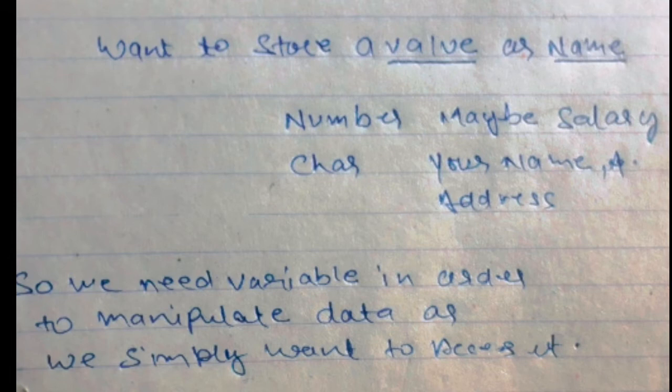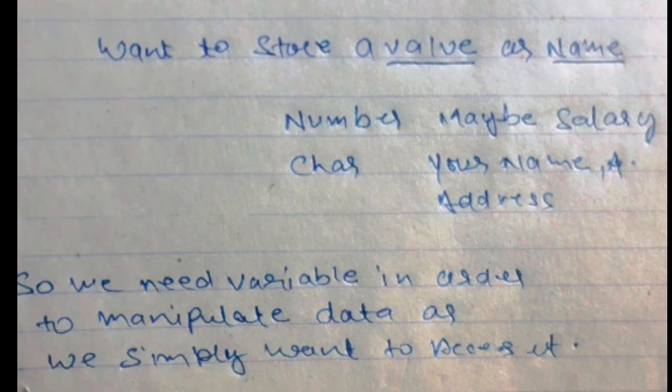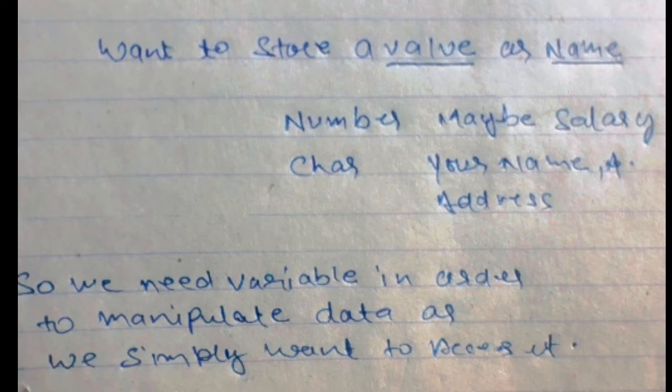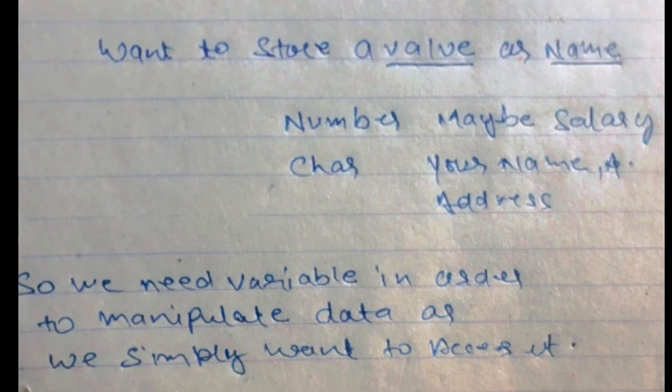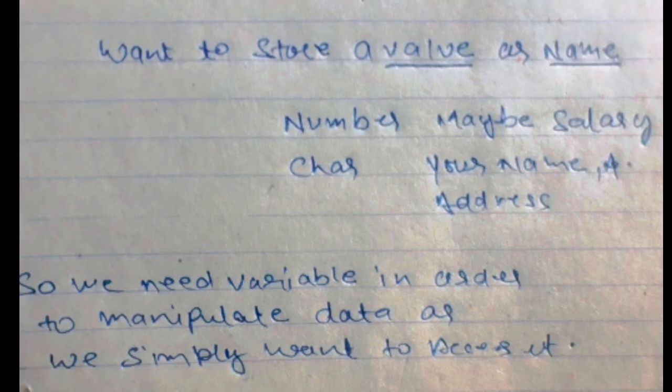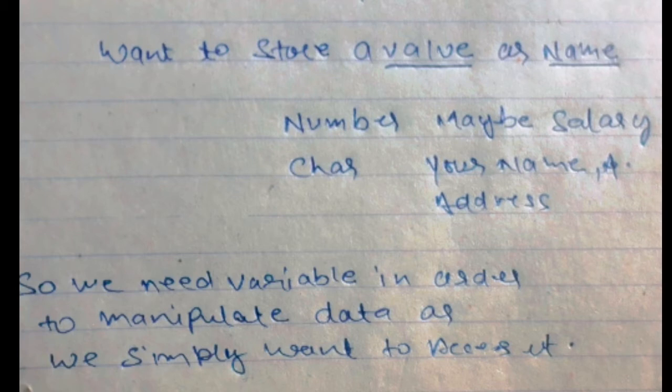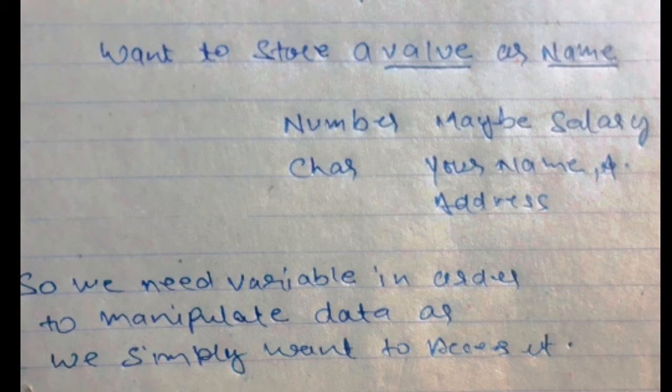So this is the main reason we need to use variables, so that we can store data in order to manipulate it, or we simply want to access the data. All right, so this is why we need to use variables.